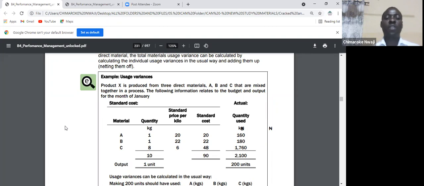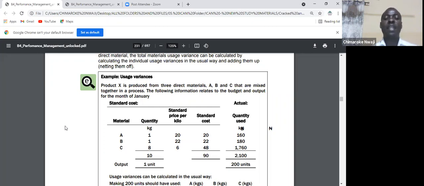If we are to use material A, and you bought it for 20 naira per kilo, since you're using 1 kilo, standard cost is 20 naira. For material B, standard cost is 22 naira. And for material C, because you are buying 8 kilograms for 1 unit, and you are buying at 6 naira per kilo, 8 times 6 will give you 48 naira.